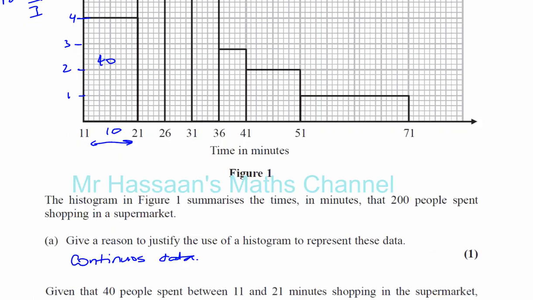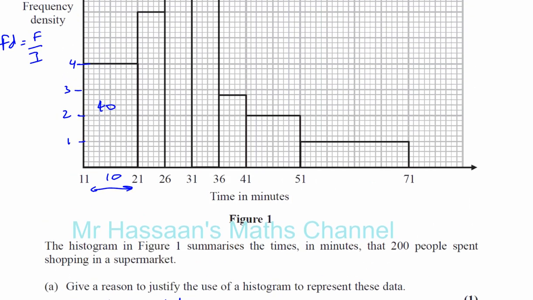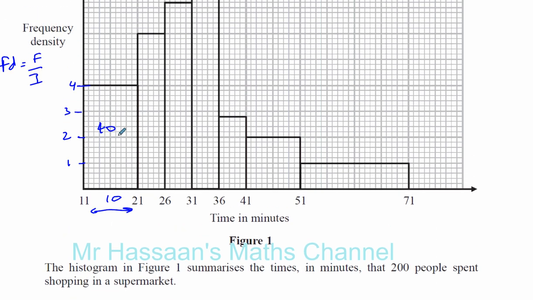So now it's telling us to work out the number of people that spent between 18 and 25 minutes. Okay, so now you've got to do some sort of interpolation here with the areas. So that's 11, 12, 13, 14, 15, 16, 17, 18. So that's 18 up to 25, which is going to be up to here: 22, 23, 24, 25.